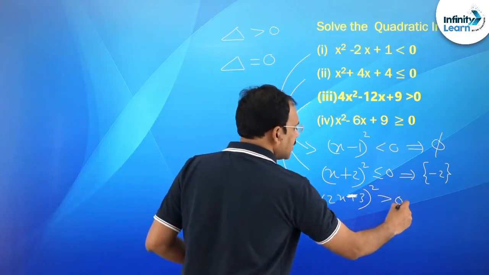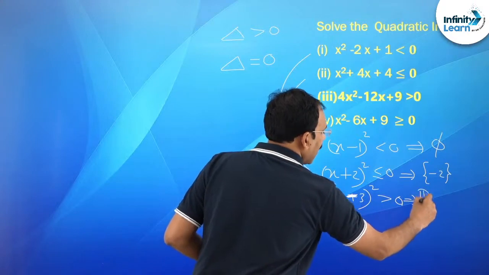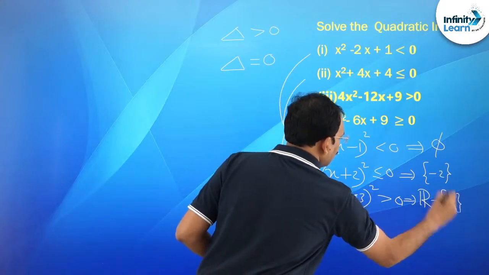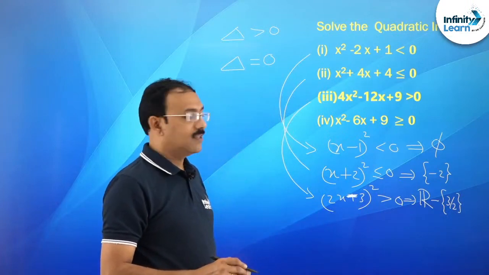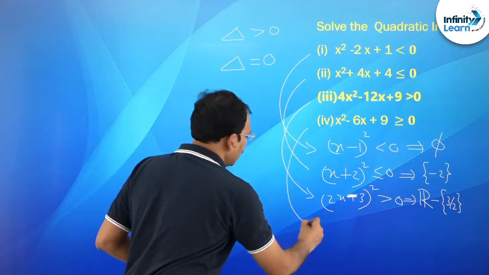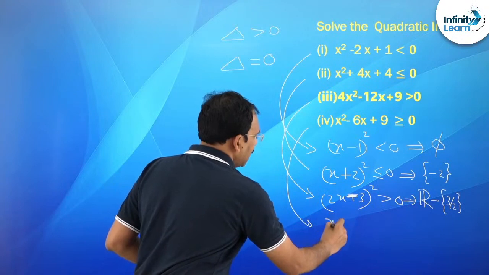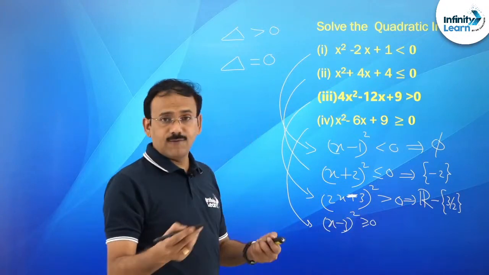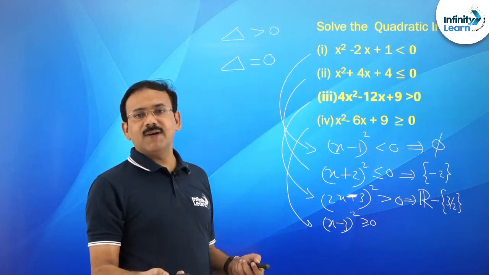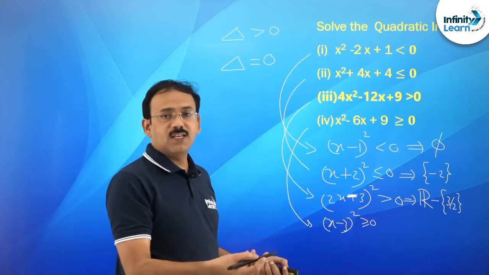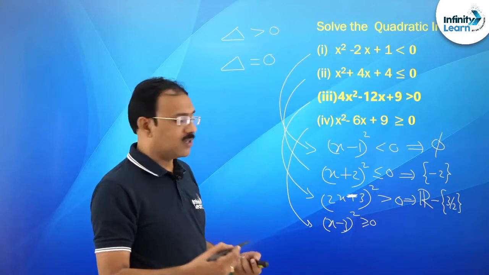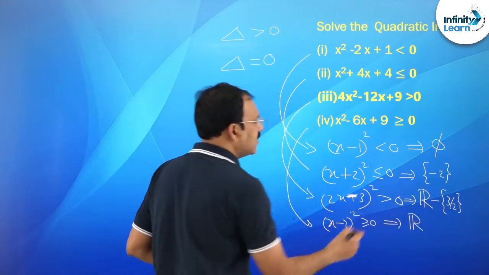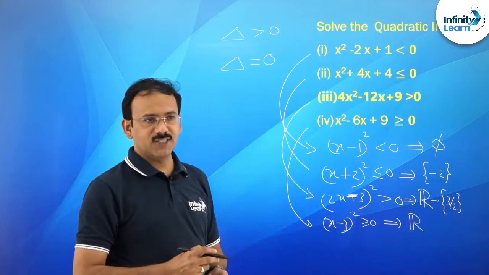So, in this case you can say the solution is all real numbers except 3 by 2, right. And the fourth one, (x minus 3) whole square greater than or equal to 0. Of course, you take any real number in place of x, (x minus 3) whole square will be either positive or 0. So, the total real number set, that is minus infinity to infinity, is the solution set.